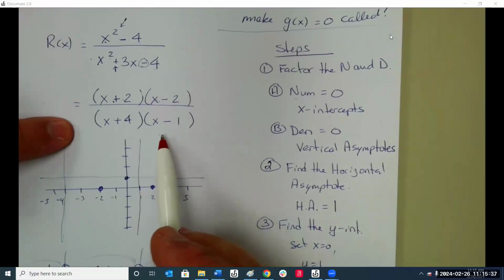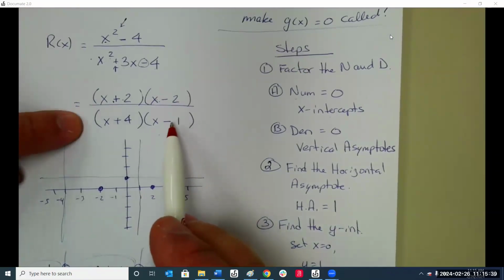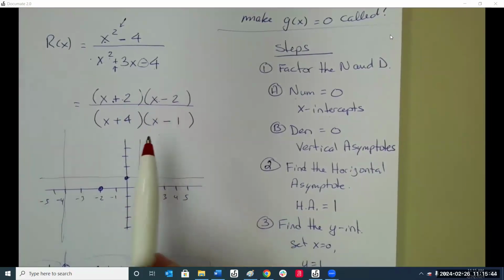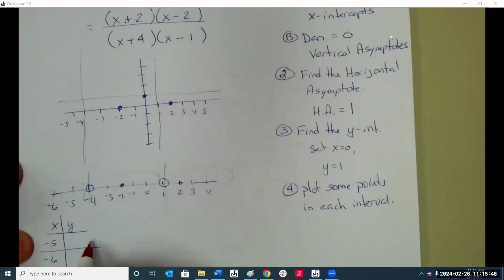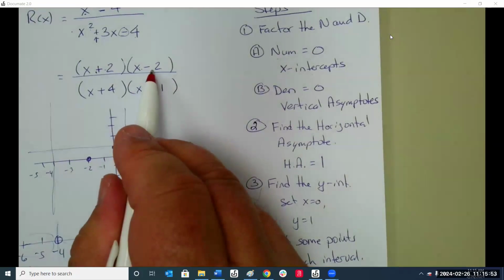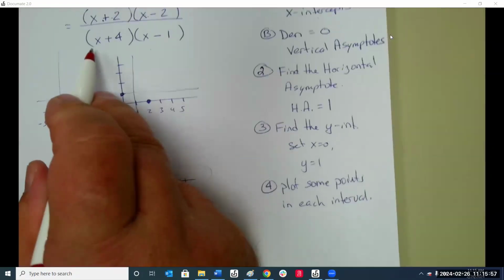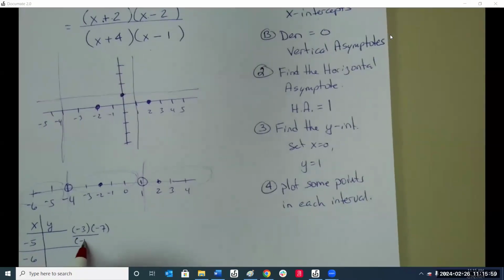I like to use, for this part, the factored form. It makes it much easier. Because -5 plus 2 is what? -3. -5 minus 2 is -7. -5 plus 4 is -1. -5 minus 1 is -6. So we have 4 negatives. The answer is going to be positive.